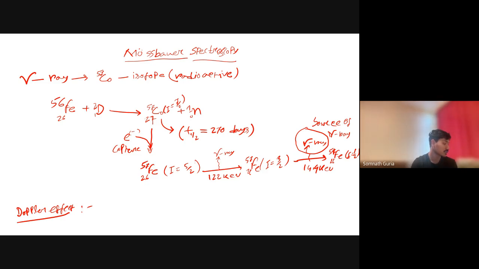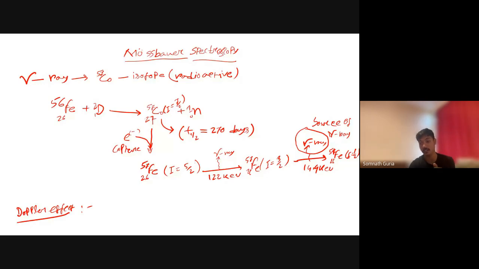So that is called the Doppler effect, and there is a kind of loss of energy. To minimize that, we provide some energy or take out some energy to match the energy gap. The sample also has the same issue. Gamma ray is a wave but it has a particle nature.